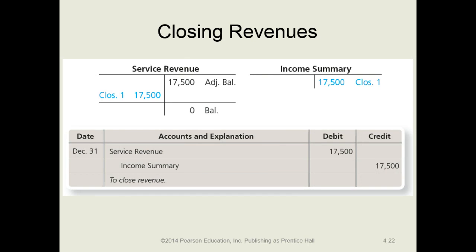Here's an example. Our service revenue at the end of the year from our trial balance was $17,500. In order to close that to the income summary, we debit revenue and we credit the income summary for $17,500. Now the income summary has a balance of $17,500.